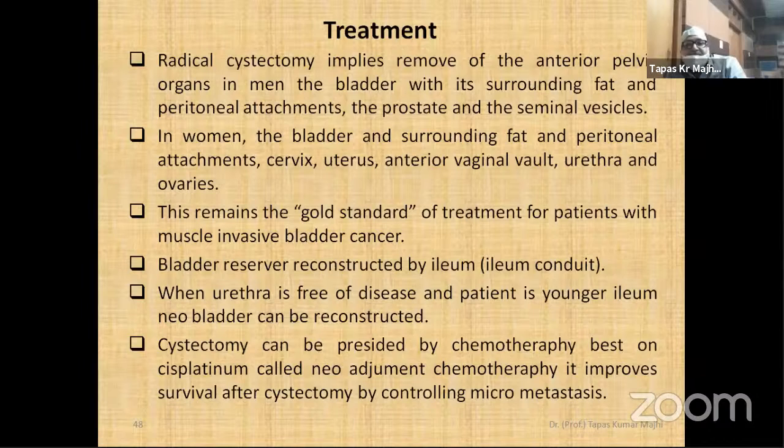The bladder reservoir is constructed by ileum, or as an ileal conduit. When the urethra is free of disease and the patient is younger, an ileal neobladder is made, that is, the bladder is constructed from an ileal loop anastomosed to the urethra. The patient does not require any external reservoir, which is difficult to maintain and sometimes socially not acceptable to the patient.